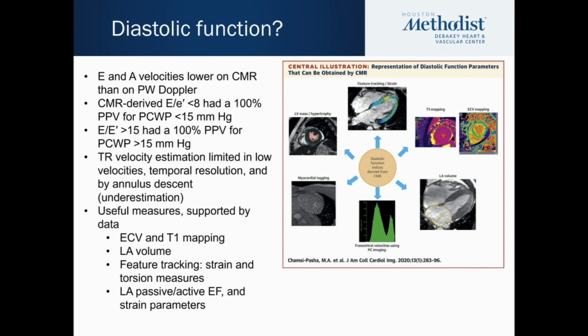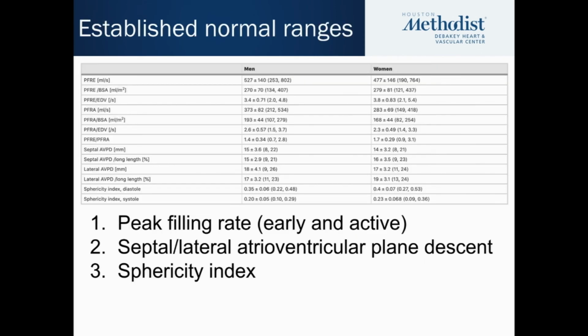For HFpEF research and HFpEF, if you will, early prevention or early detection, multiple CMR methods have proven to be useful, including things like ECV, looking at strain parameters, whether it's the LV or LA.